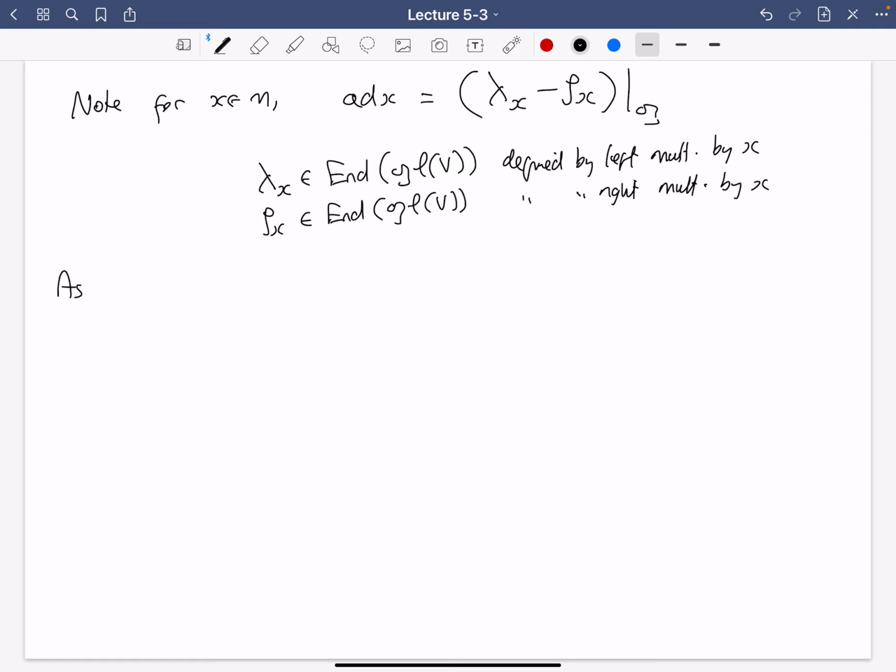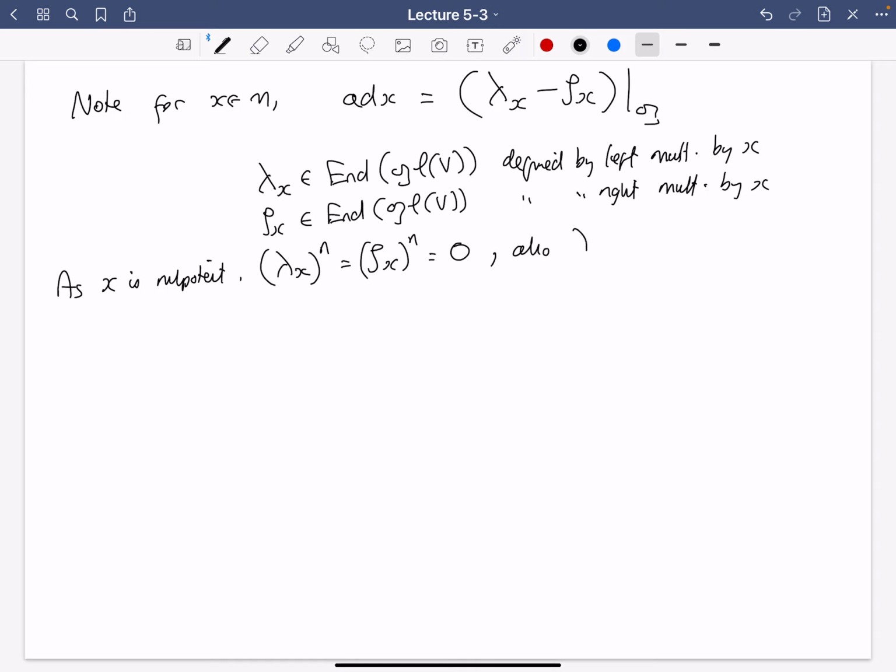As x is a nilpotent matrix by hypothesis, lambda x to the n and rho x to the n are both just 0, right? Our V is n-dimensional here. So these nth powers of nilpotent matrices in GL(V), nth power meaning under composition, are just 0.